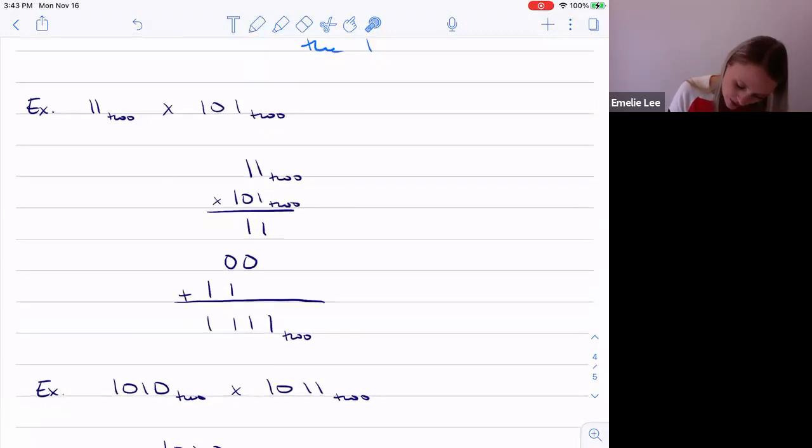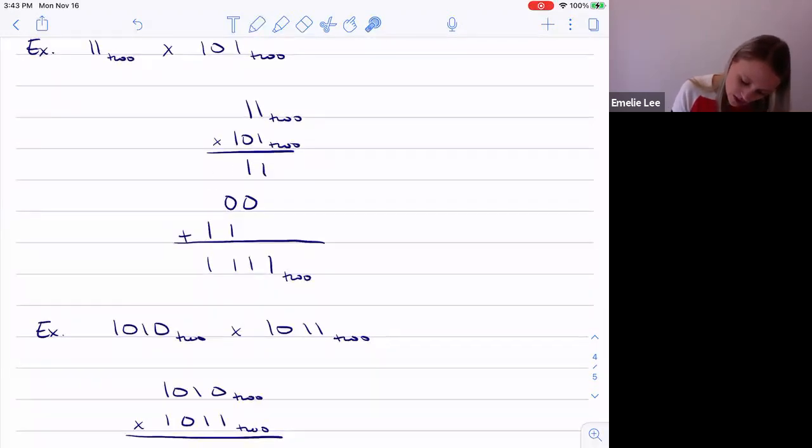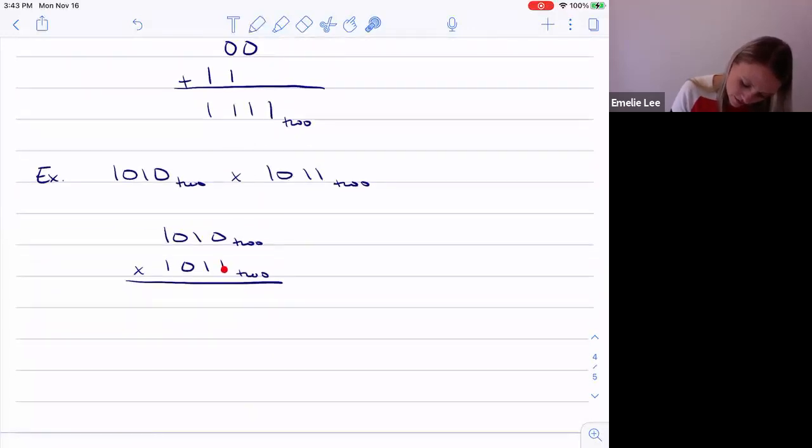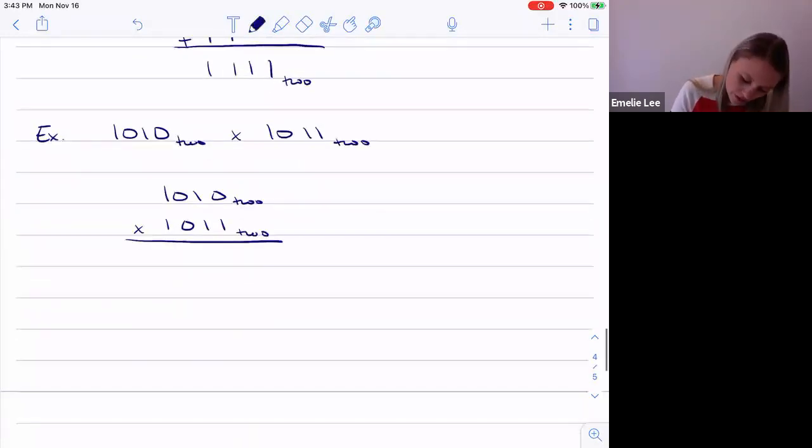Just like we did here, we start underneath the number that we start with, and then we move our way over. So 1 times 0 is 0. 1 times 1 is 1. 1 times 0 is 0. 1 times 1 is 1.